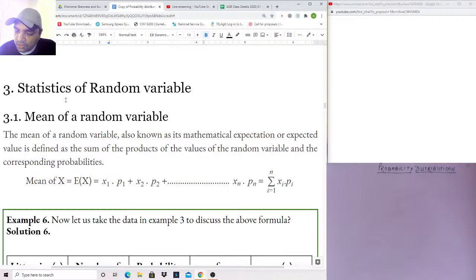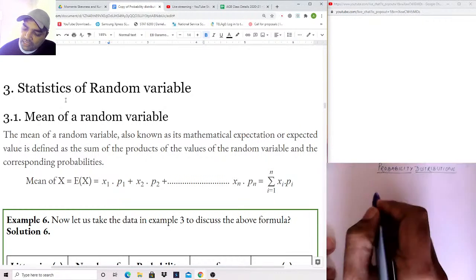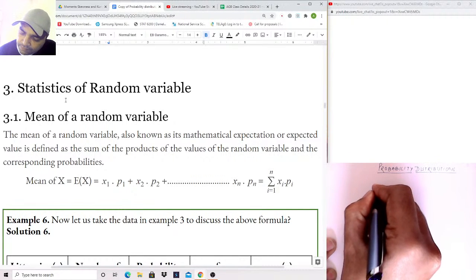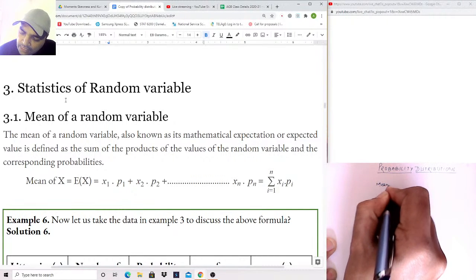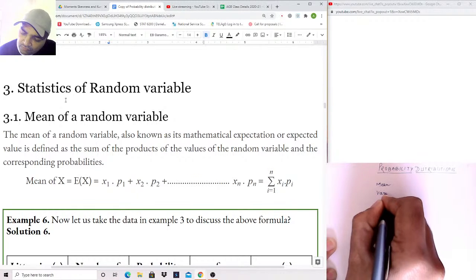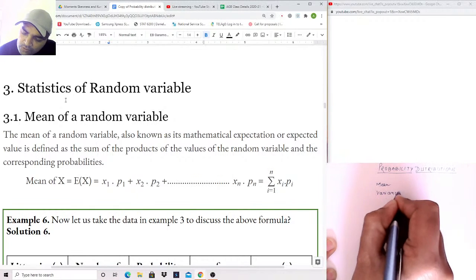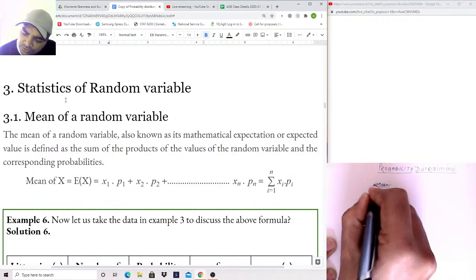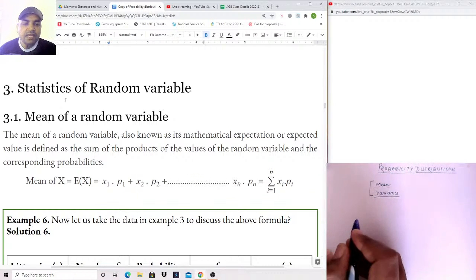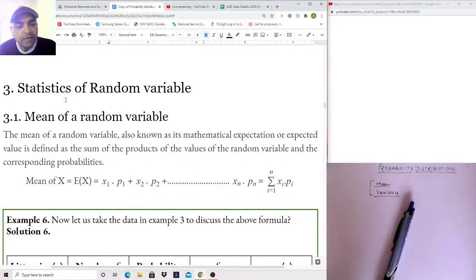In particular, two of those measures we will be discussing here: one is the mean, and one is the variance. We have studied how to calculate the mean of grouped and ungrouped data. Similarly, we have studied how to calculate the variance of grouped or ungrouped data.